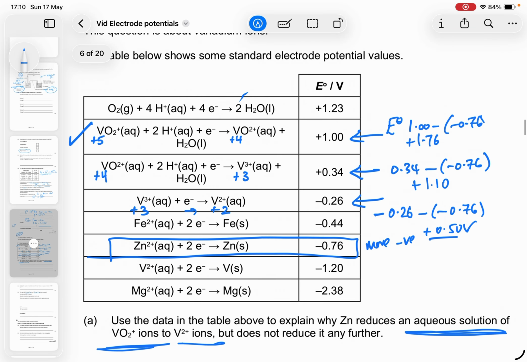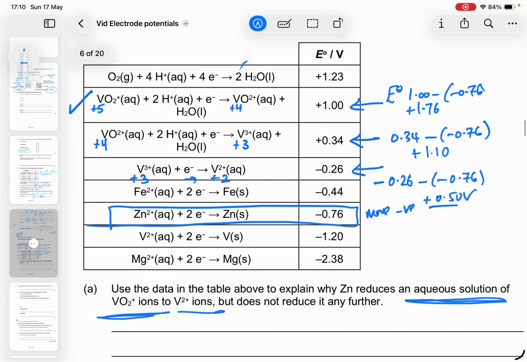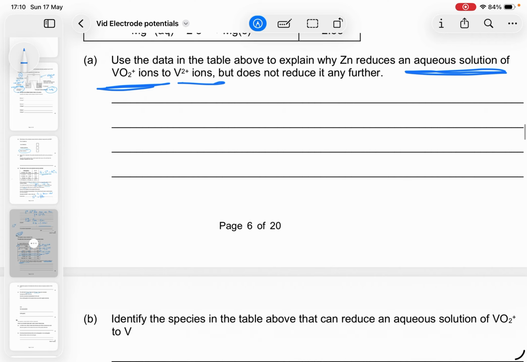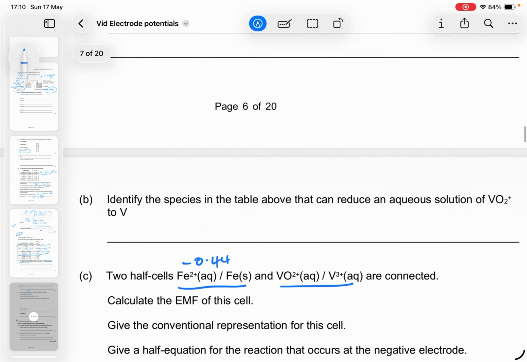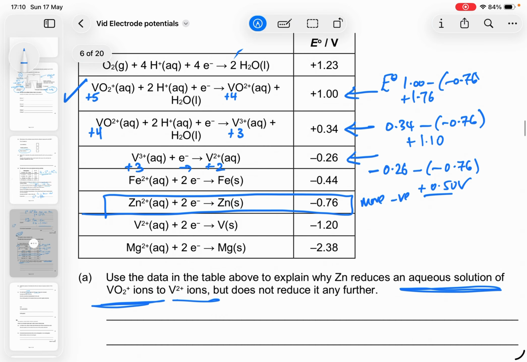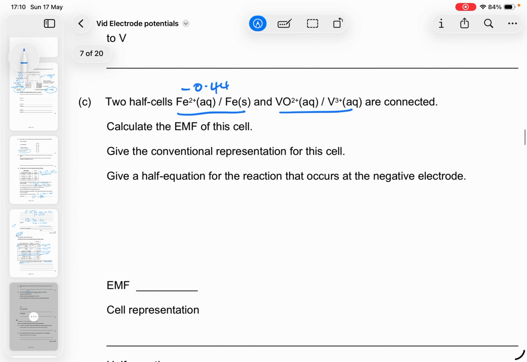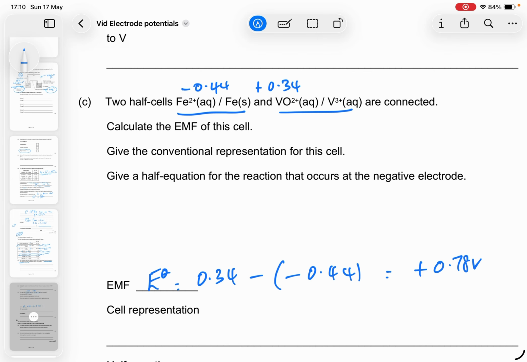Fe2 plus to Fe has a value of minus 0.44 and VO2 to VO3 has a value of plus 0.34. So the electrode potential value will be more positive minus least positive, and that comes to plus 0.78 volts.